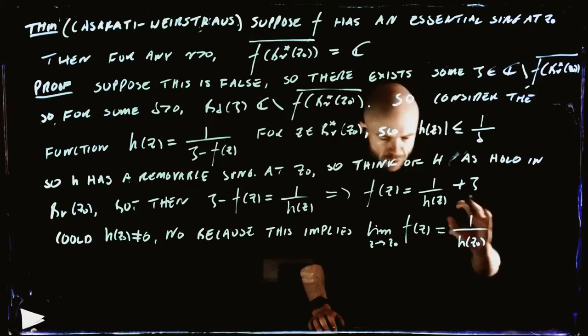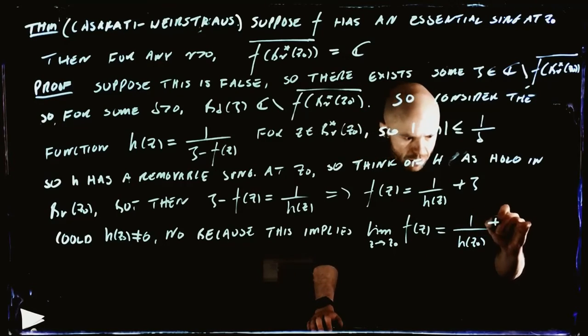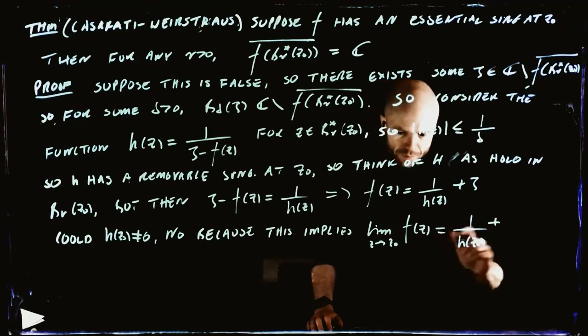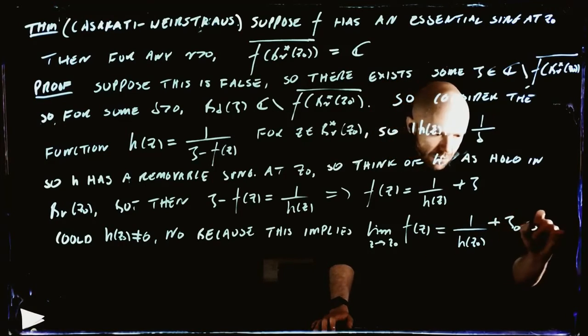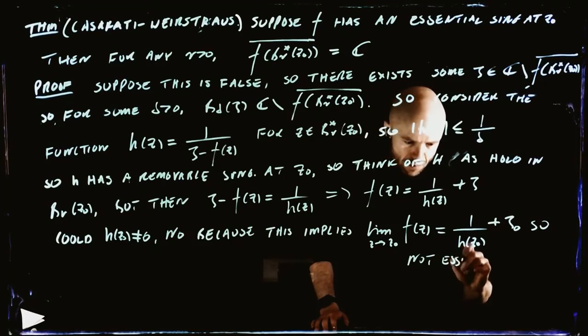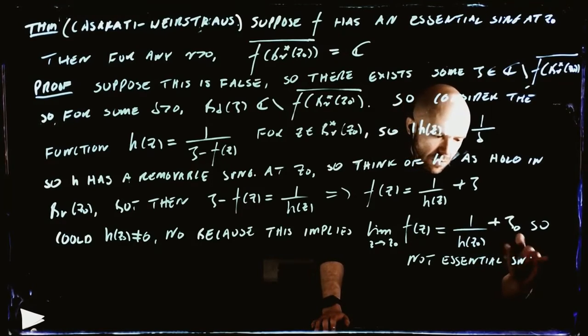Jaime, you're doing lots of good stuff, answering many questions. Can someone else explain why no? Why can we not have h of z0 being 0?